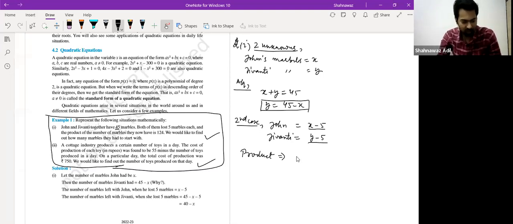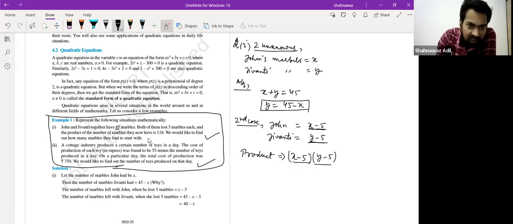So what would be the product then? So these are the two numbers, right? So the product would be just this and this, right? This is the product, right? This is the product of the numbers, and this is given. So this product is how much, right?